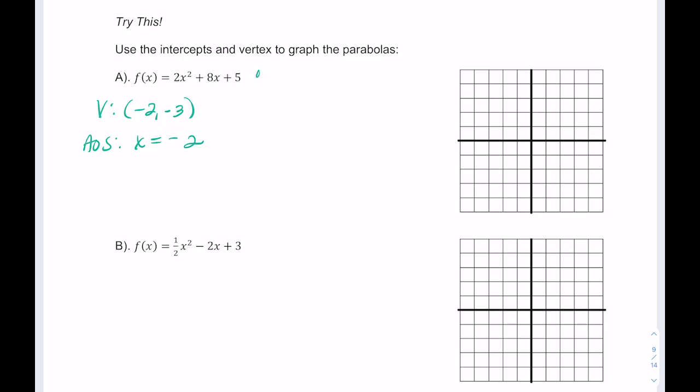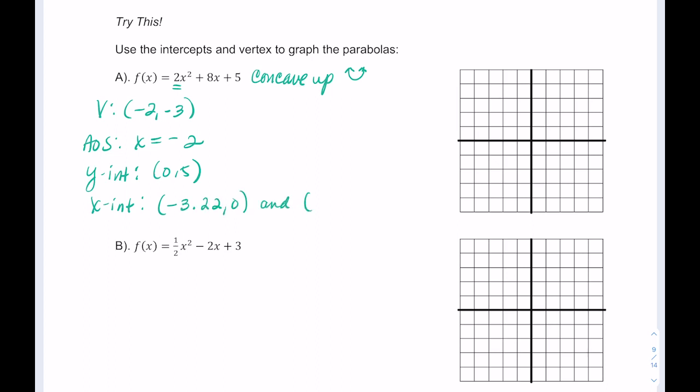By the way, this is concave up because your a value is positive. Your y-intercept, remember, is the c value, so that would be 5. And then the x-intercepts you're going to get should be something like negative 3.22 and negative 0.78.